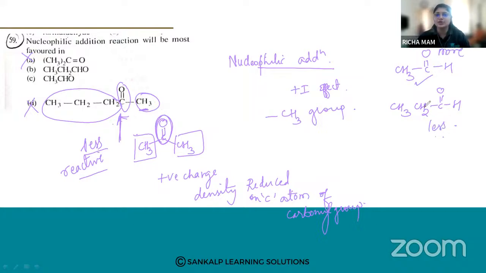This is less reactive because again it has a bulkier group as compared to the methyl group. So option C is the correct answer. This is the hindrance. Aldehydes will be more reactive than ketones because of the plus I effect of CH3 groups. Is it clear?